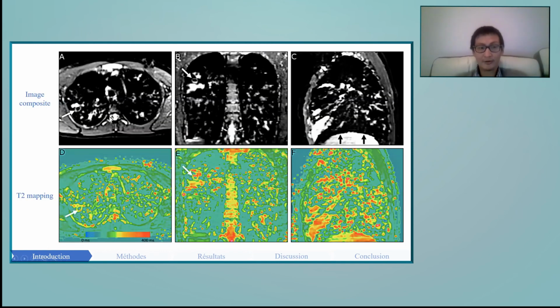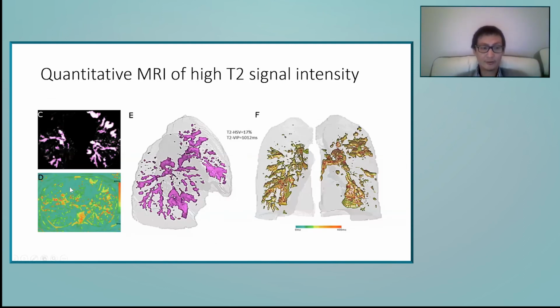And this is a 2D acquisition, but if we match the slice thickness to the spatial resolution of the matrix, we can get a 3D isotropic lung volume in a patient, and then perform a 3D isotropic T2 mapping of the lung. And because this is the same k-space acquisition for the TE values used to reconstruct the T2 mapping, there is no problem of possible mismatch in spatial location of pixels.